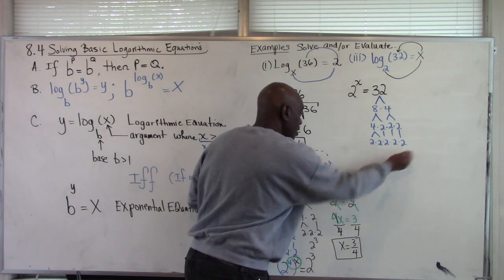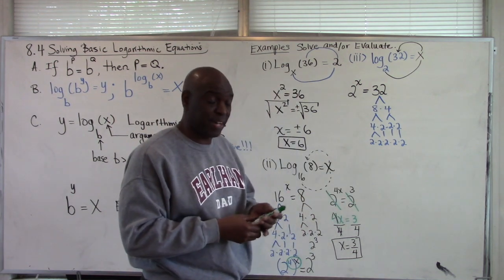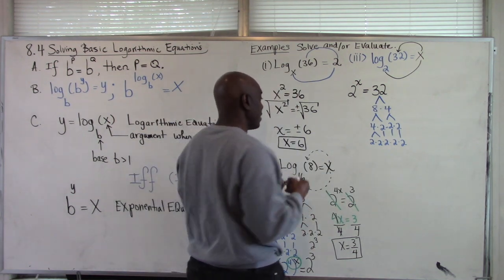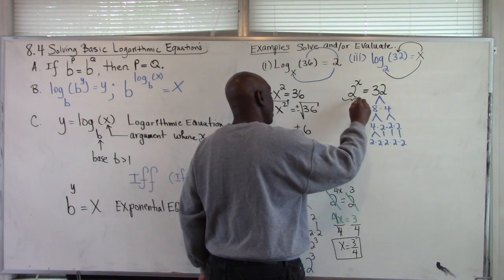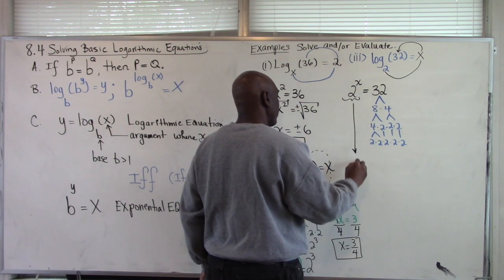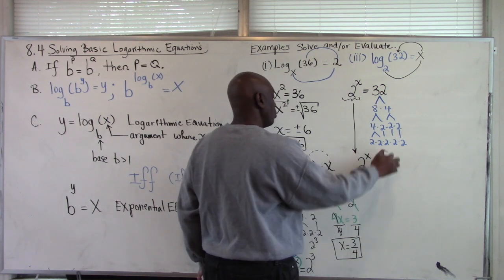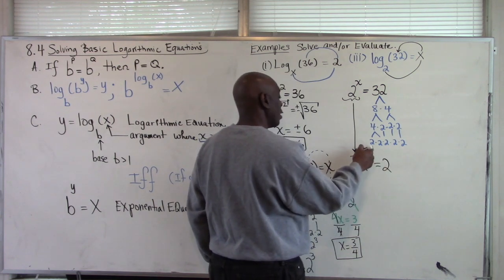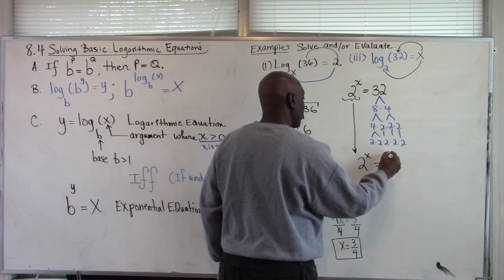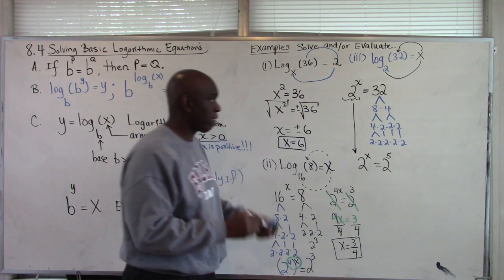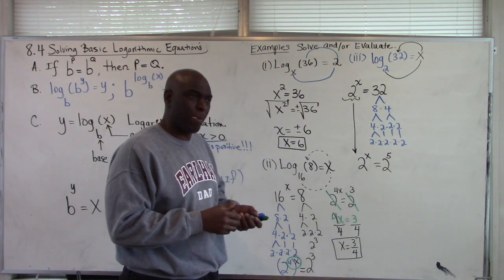How many 2's do you see here? Good. There are 5 of them. So that means if I take this 2 to the x, bring it straight down, 2 to the x has to equal 2 to the power of 1, 2, 3, 4, 5. Power of 5. Simple.